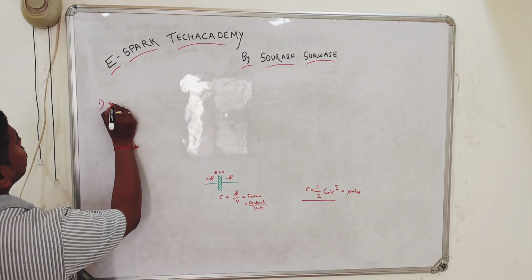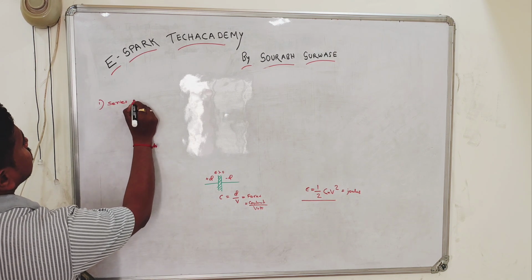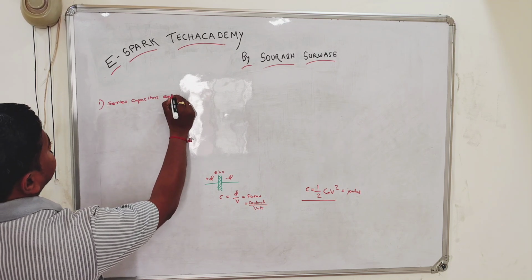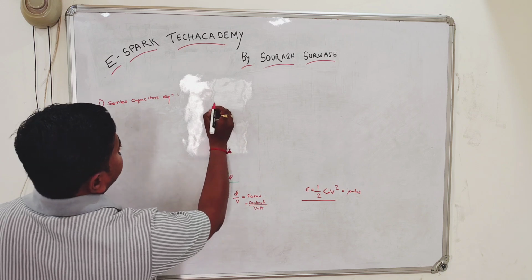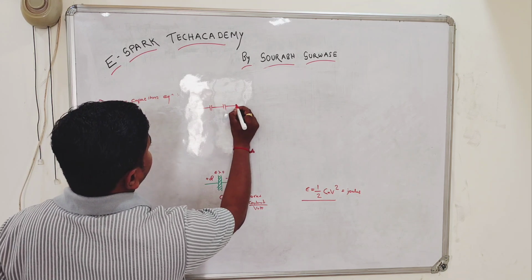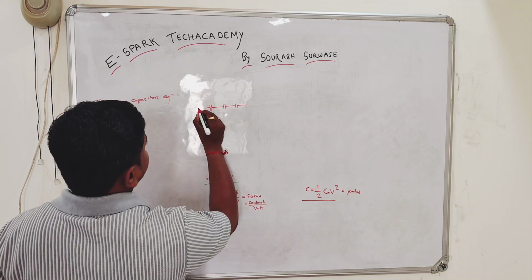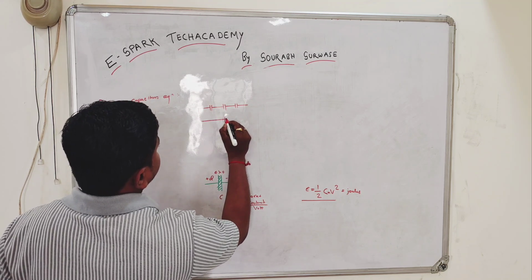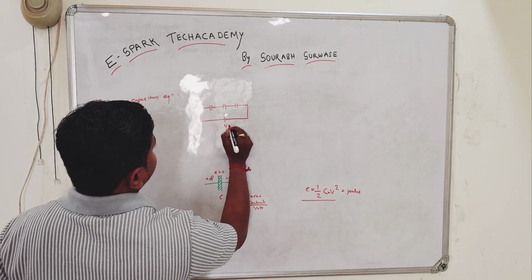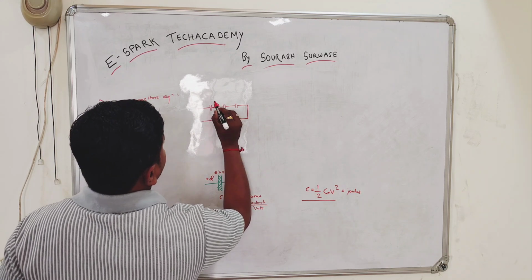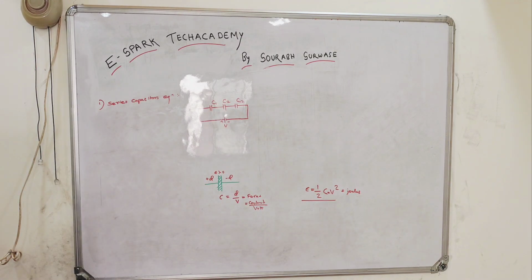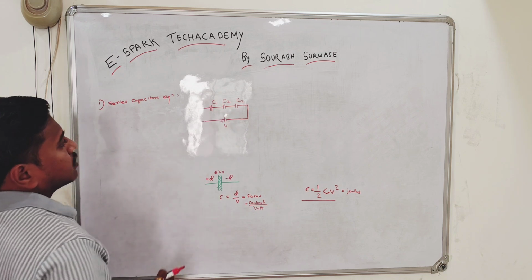First we will go through the series capacitors equivalent. What is this? When the capacitors are connected in series and a voltage is applied across it. This is C1, this is C2 and this is C3. These are nothing but the capacitors.